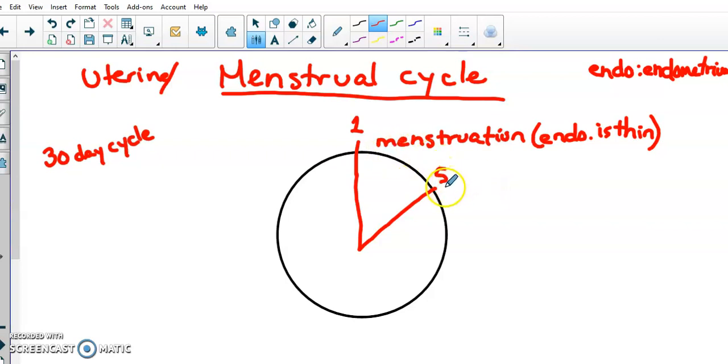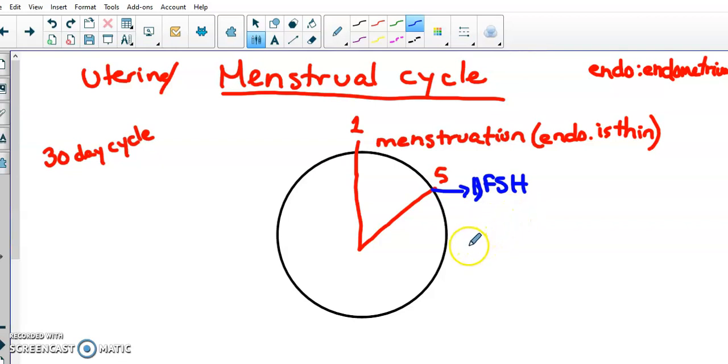As soon as this ends, the body needs to reset. So remember, reset means FSH, the first hormone, comes in play. And that means that now we give the signal to the estrogen to start getting produced by the eggs.